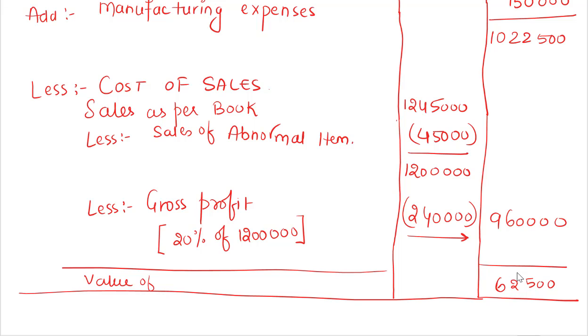You can write over here value of stock as on 31st March 2016 is 62,500. I believe it is clear. It is clear to all of you.